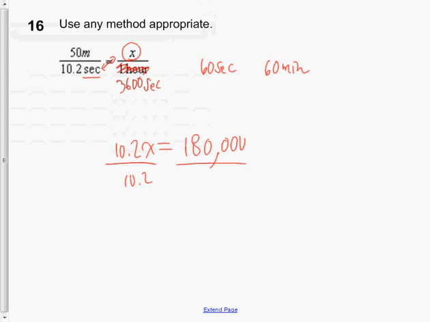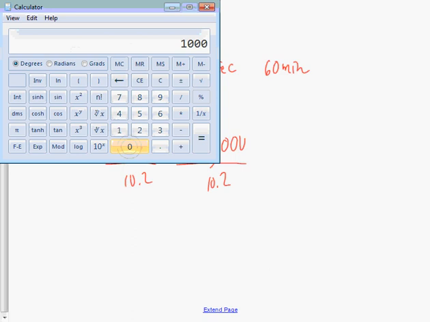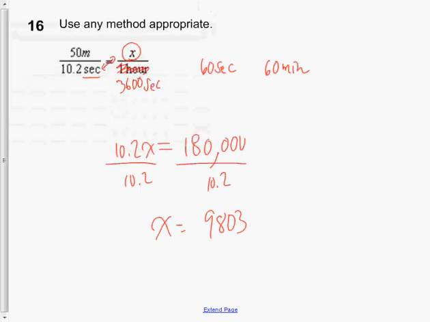And 180,000 divided by 10.2 is going to be roughly 9803. So if we retranslate that back again, let's see how that works. If he can go 50 meters in 10.2 seconds, how far could he go in an hour? He can go roughly 9,803 meters. Or if we want to change that to kilometers, approximately 9.8 kilometers in 1 hour.